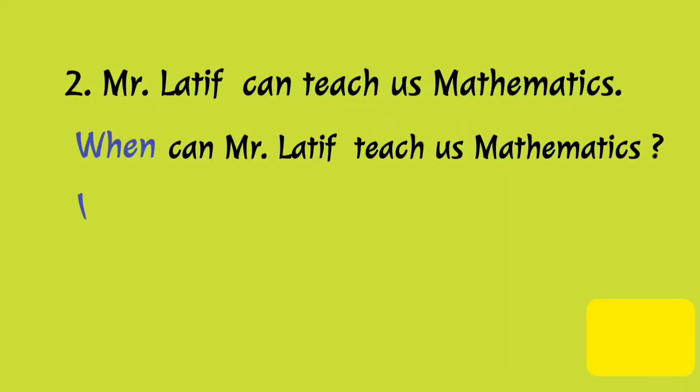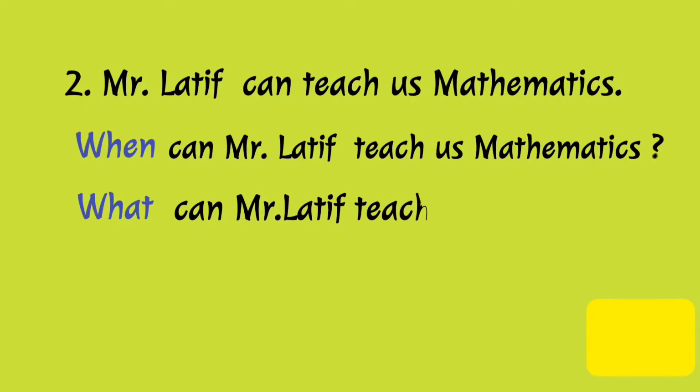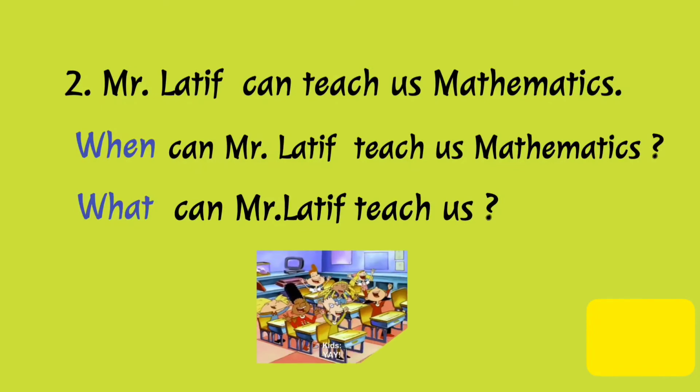When can Mr. Latif teach us mathematics? Or for example, we want to ask the object. The object in this case is mathematics. So we have to use the question word what. After that is the auxiliary verb can, the subject, and so on. What can Mr. Latif teach us? So remember to use the auxiliary verb.